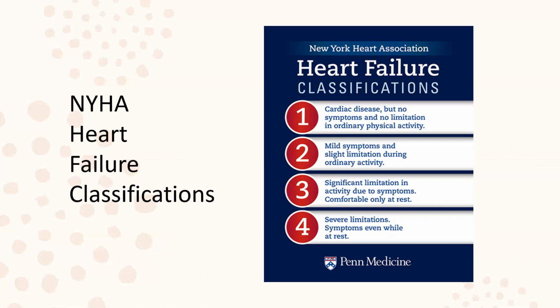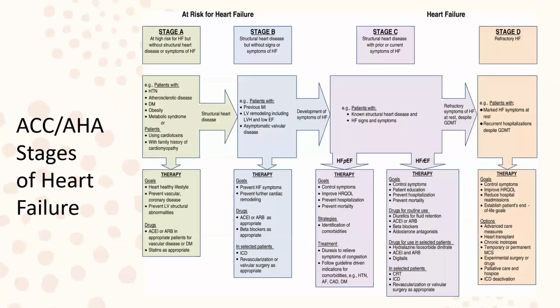Number 2 would be mild symptoms and only a little bit of limitation during those things that you would normally do. Number 3, we're going to have significant limitation in activity due to those symptoms, and they are comfortable only when they are resting. 4 is going to be severe limitations, and now that severity is while at rest. So you can see how they stack up against each other.